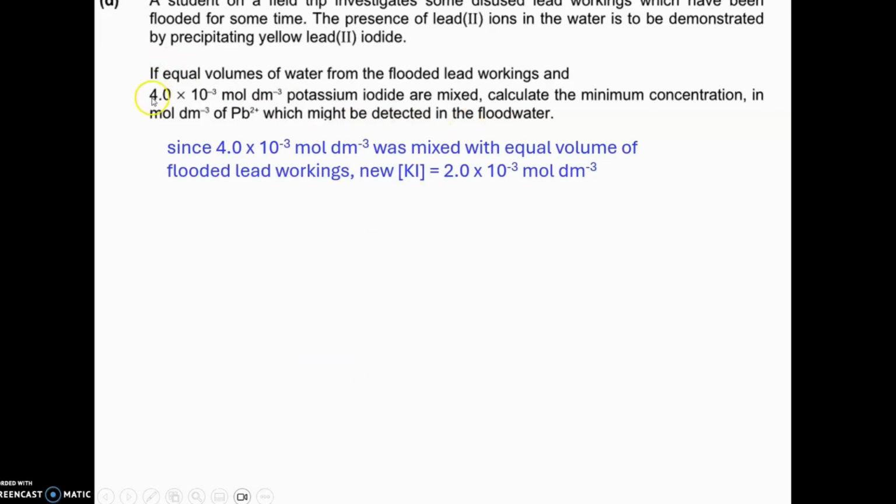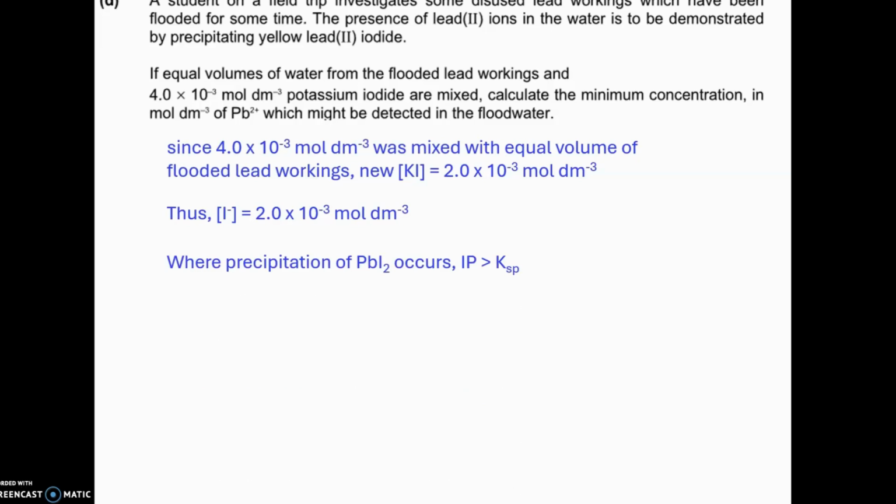So firstly, we mix a certain volume of this concentration of aqueous KI with an equal volume of flooded lead workings water. So essentially, when we do this, it is equivalent to a 2 times dilution, which means that the new concentration of potassium iodide is half the original value, or 2.0 times 10 to the power of negative 3 mole per dm cube. So the concentration of iodide ions is 2.0 times 10 to the power of negative 3 mole per dm cube.